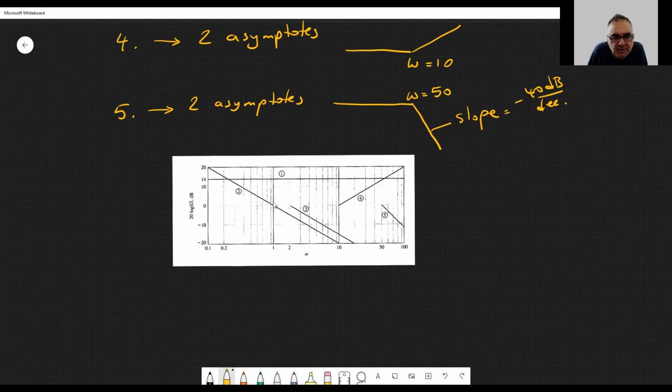In the second one, we have a straight line with a slope of minus 20 dBs per decade, from 1 to 10, passing through 0 dBs when omega is 1.